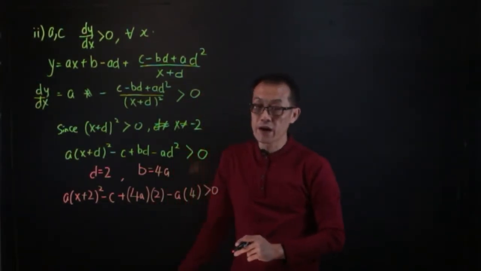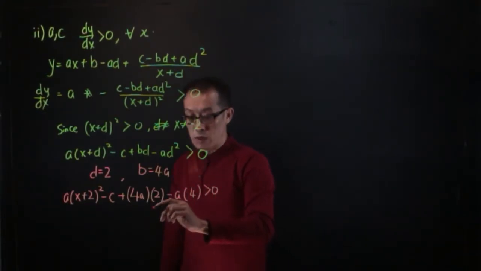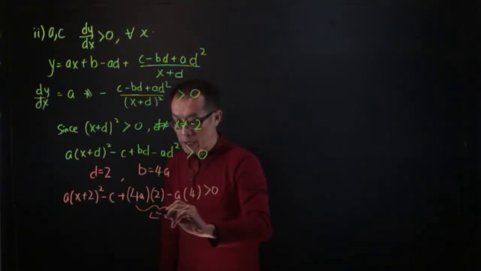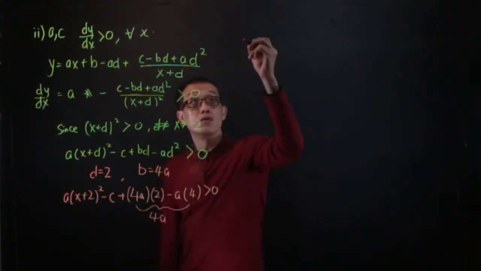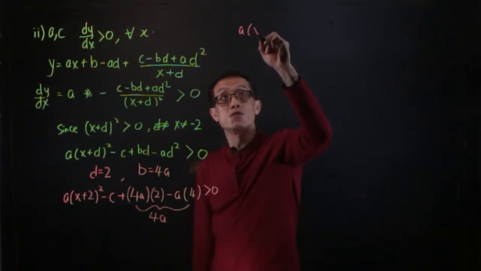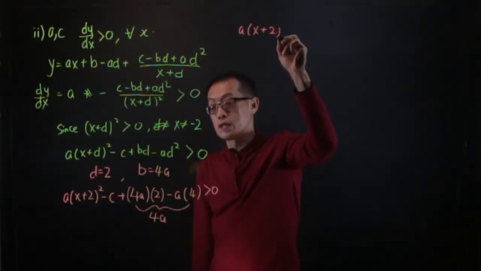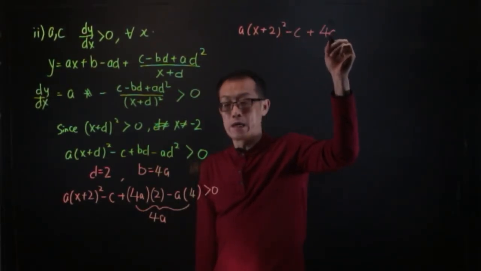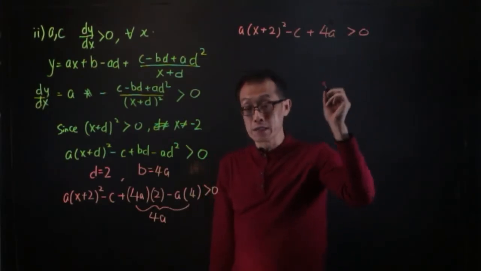Now if we simplify this expression, what will we get? Here is 8a minus 4a, so you got 4a over here. So your expression is just simply a into x plus 2 whole thing squared minus c plus 4a, and you want this to be greater than 0.